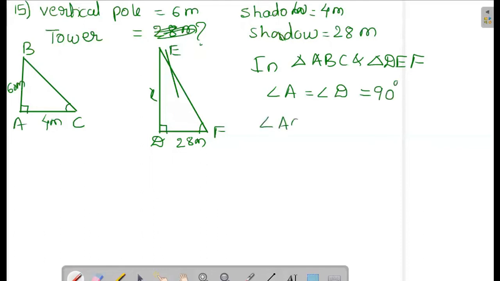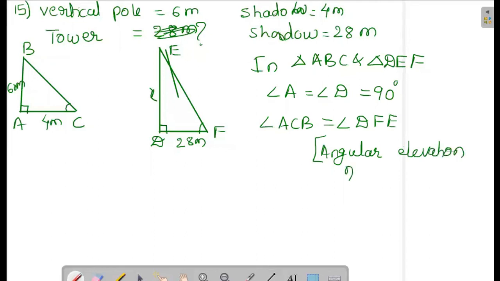Angle ACB is equal to angle DFE, because of the angular elevation of the sun. Why is it the same? Because in the problem they have mentioned at the same time.